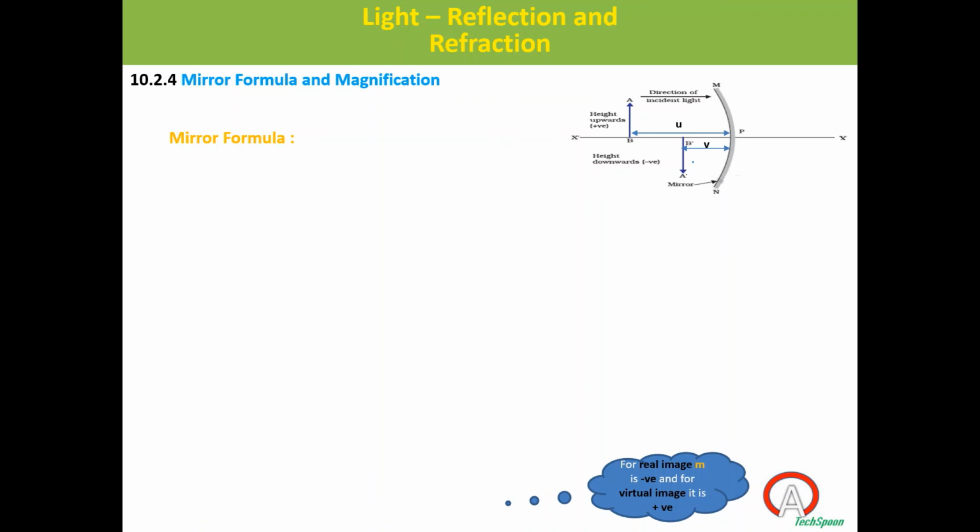As the mirror formula says, 1 by v plus 1 by u is equal to 1 by f. Derivation is not required, only the formula is enough for you. 1 by v, the reciprocal of the image distance, plus the reciprocal of the object distance is equal to 1 by f, the reciprocal of the focal length. This is the mirror formula.